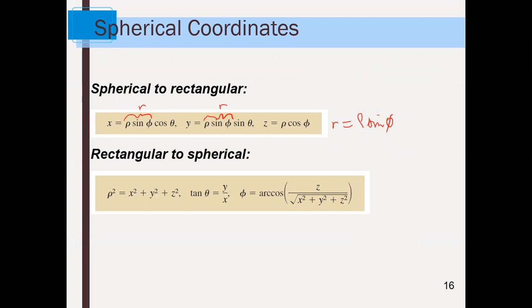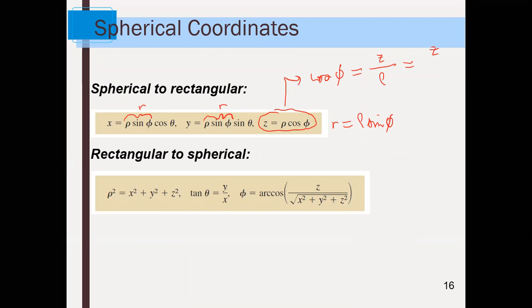And what about phi? You know that z is equal to rho cosine of phi, correct? That means that cosine of phi is equal to z over rho. And you might say to yourself, hey, I can get rid of rho.